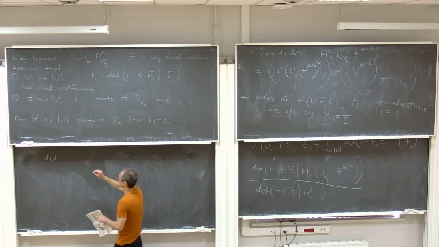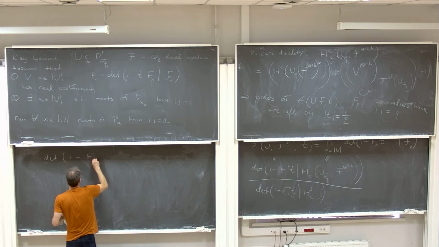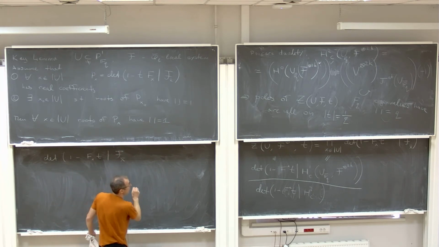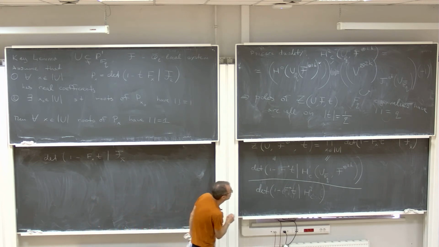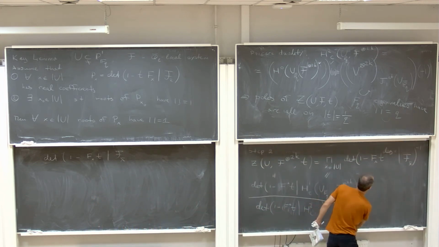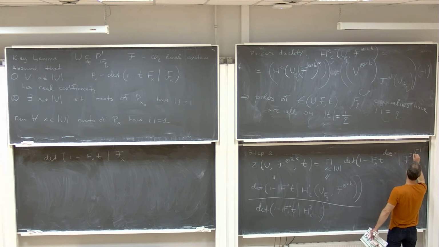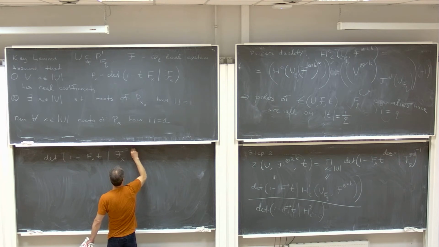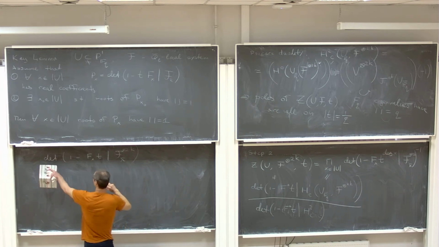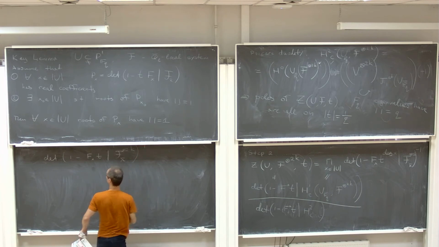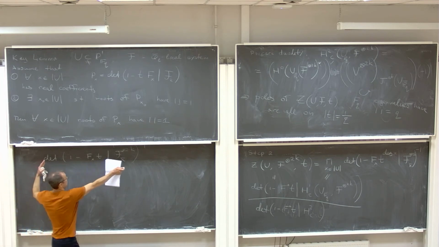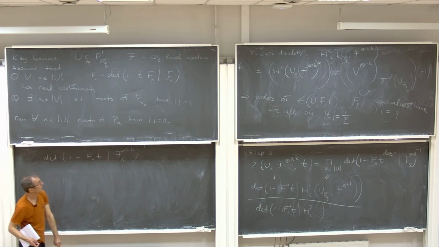So this determinant of 1 minus Frobenius t acting on the 2kth power of my local system. 2k, because I have it here. So the zeta function is a product over all x of these factors. So this is a polynomial, and I take its inverse.